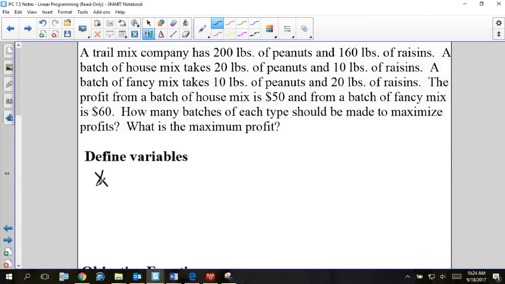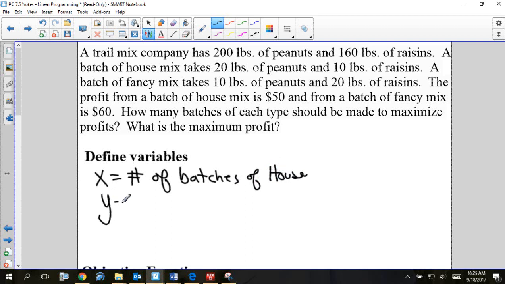So I'm going to call x the number of batches, but of what? What's the first thing up here? Of house mix. And we'll call y the number of batches of fancy mix.